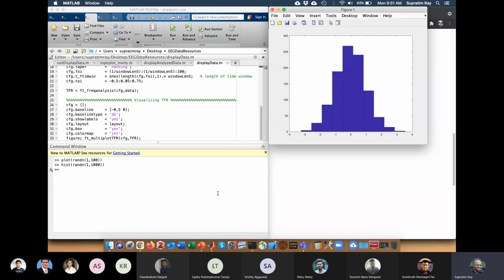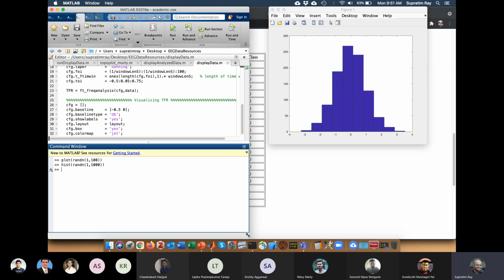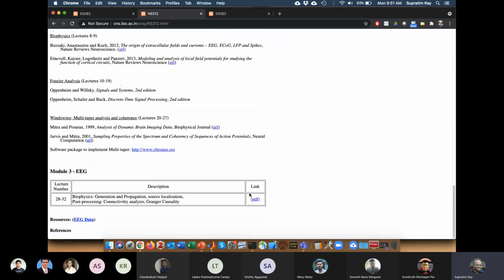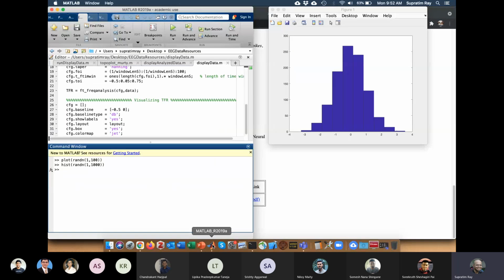The assignment that I have given you, this assignment 3, and most of what we are going to do in the EEG part is actually geared that way. That is why I brought it up. We are going to think of this problem more from a software point of view, that how do I display certain things, how do I interpret certain things. And I'm going to use a particular software called Field Trip to convey some ideas.